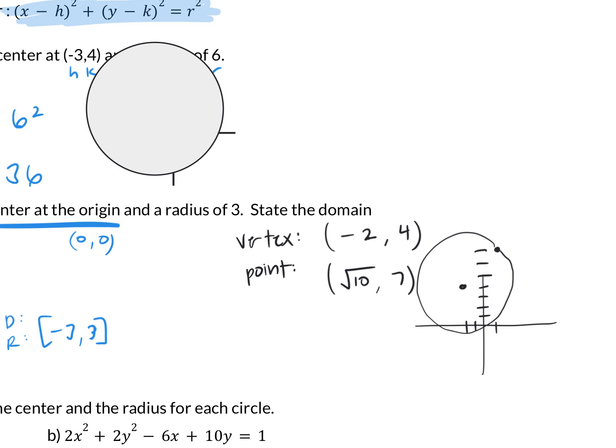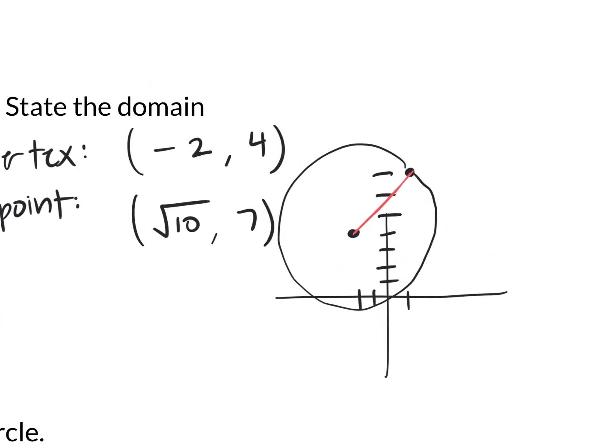If I want to find that distance, there's two different ways you could do it. You could do the distance formula, but who really remembers the distance formula? Maybe you do, that's great, good for you. Or I could just think about drawing a triangle, right? If I zoom in on this vertical distance, changing from 4 up to 7 would be a distance of 3, right?